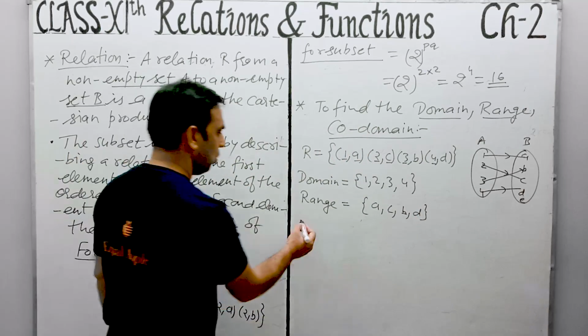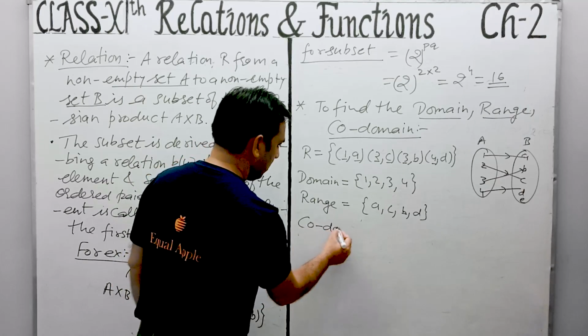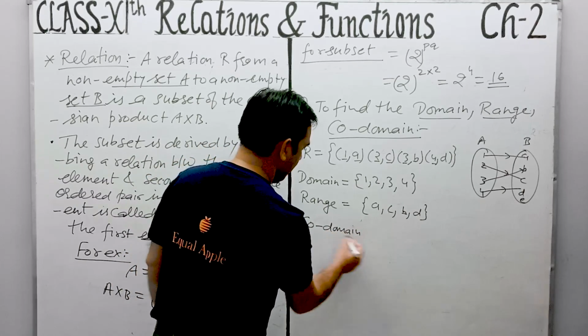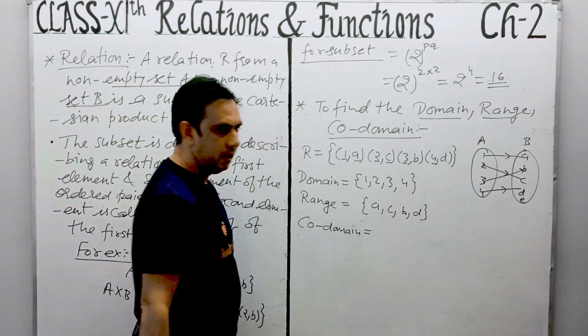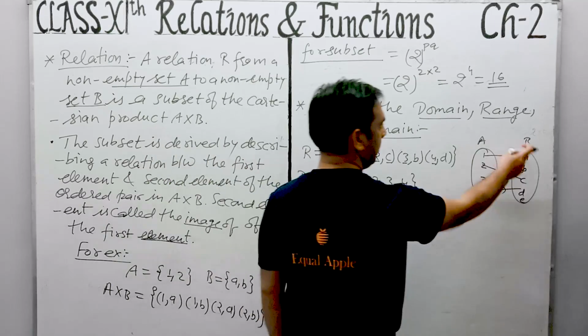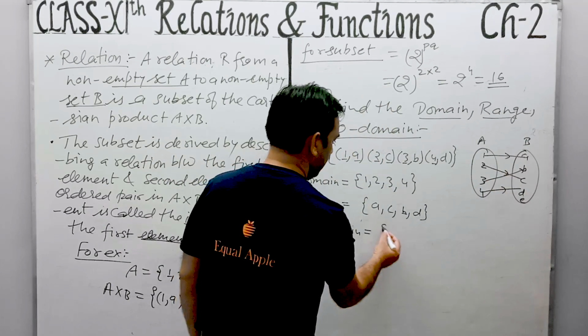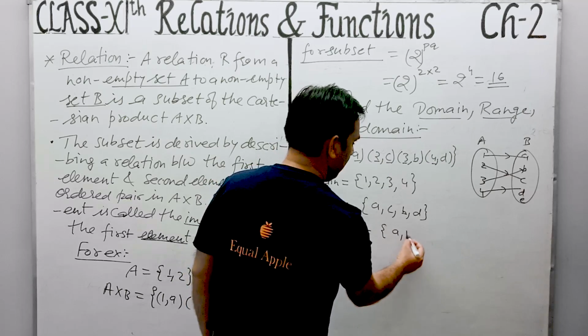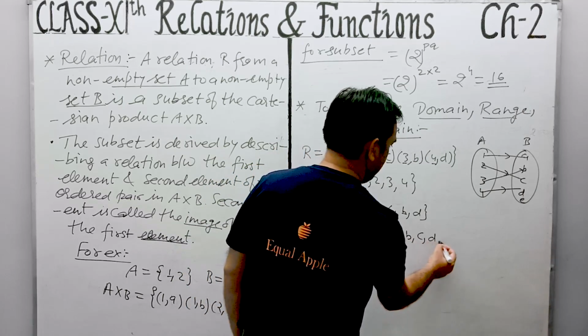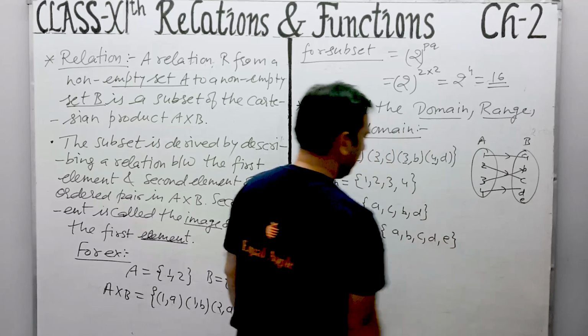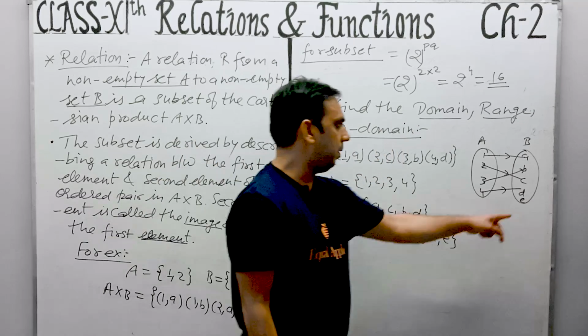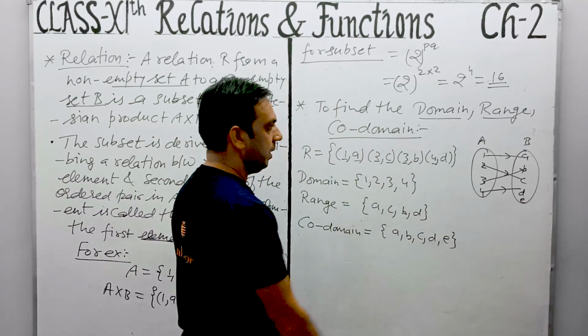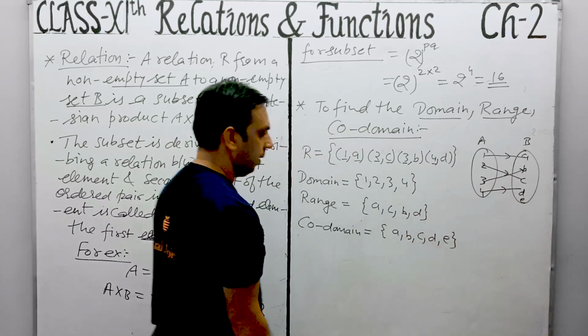And what is the codomain? Codomain is actually all the elements of set B, that is A, B, C, D, E. Here we can take the element which does not have any pre-image in the domain, right?